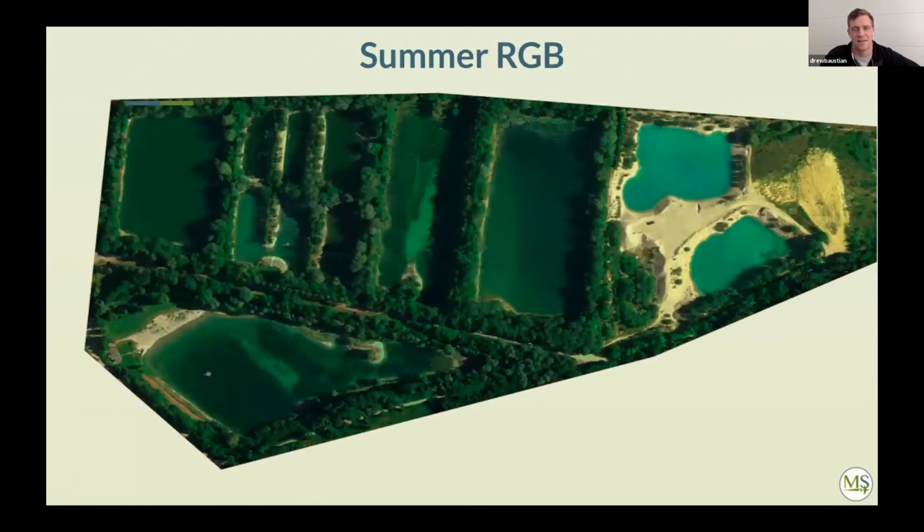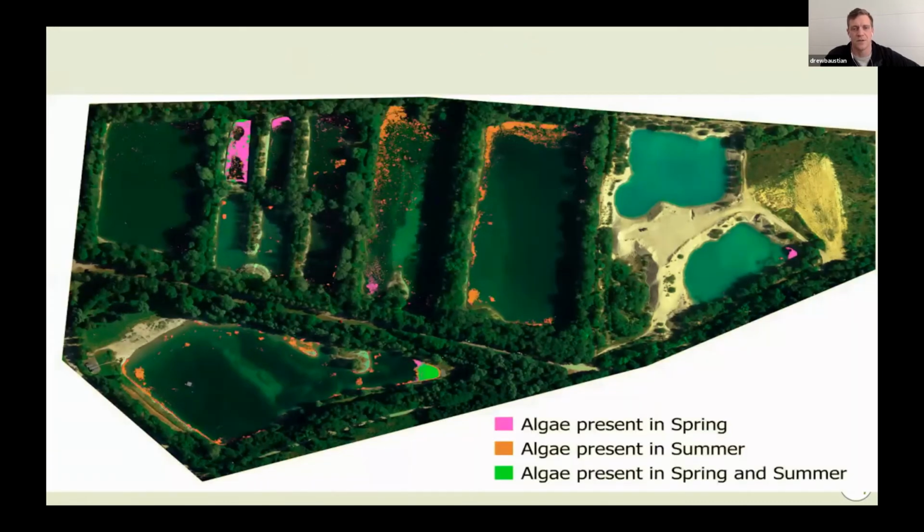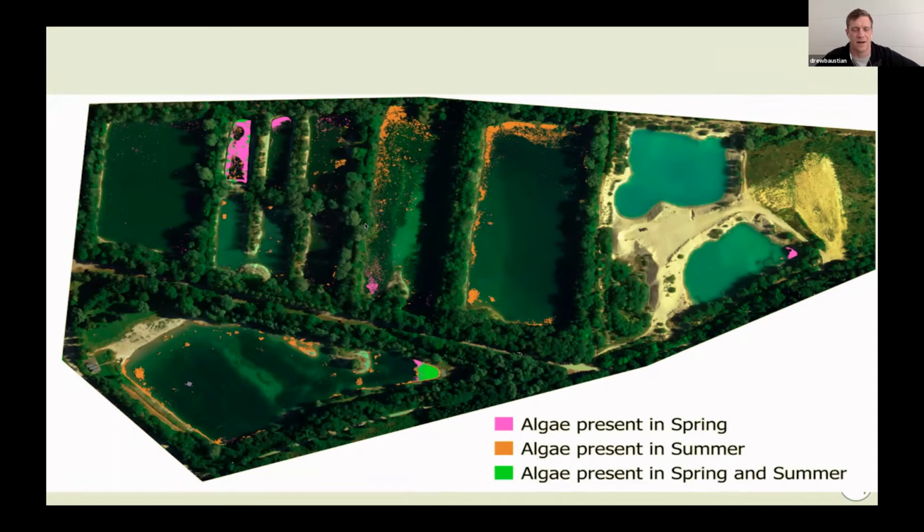And then in the summertime, we classified it again, to try to understand how much it's progressed from spring to summer. Then at that point we could look at the first flight and the second flight and categorize what was there before in the spring, what was there later in the summer, and what's been consistently there from spring to summer.